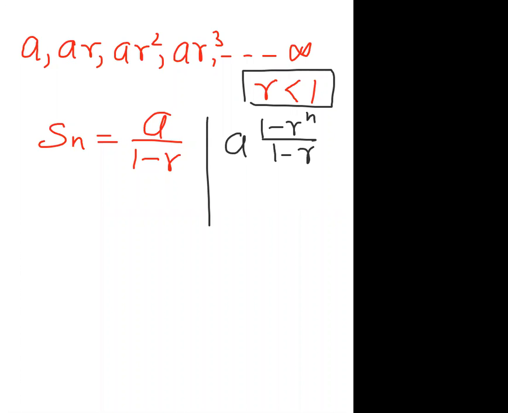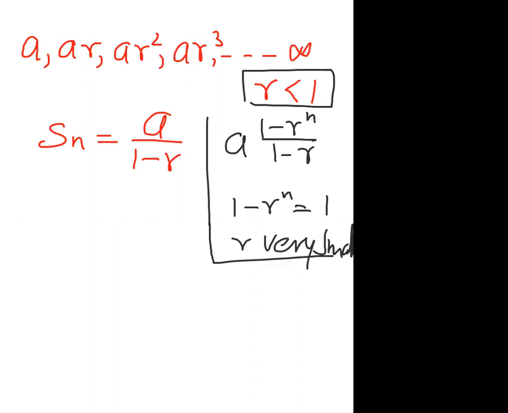So r to power n is very, very small, and 1 minus r to power n will be equal to 1. So in that case, S is equal to a upon 1 minus r.